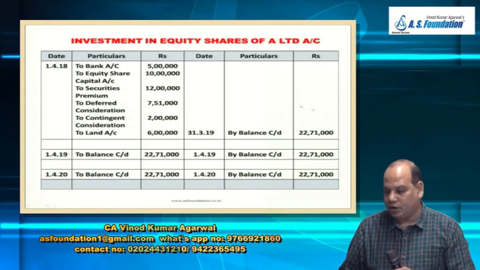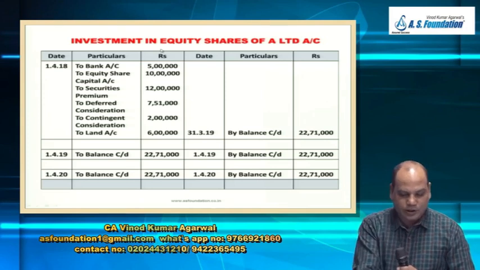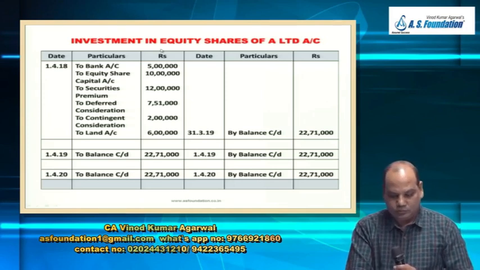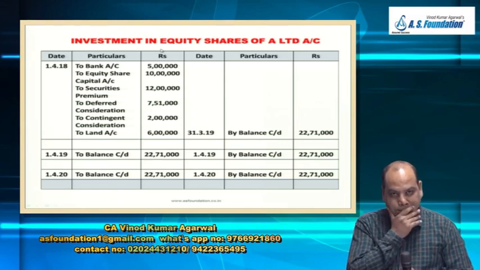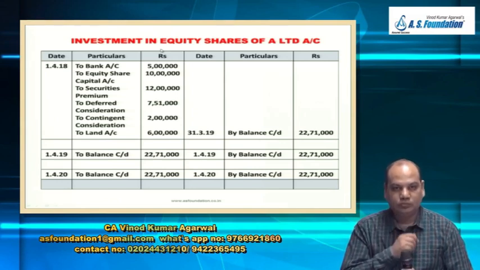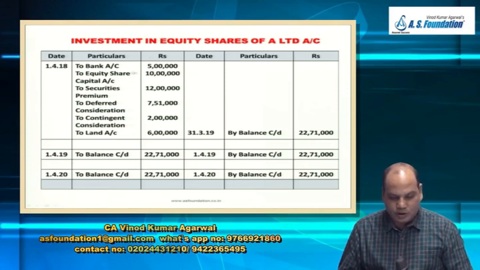Okay. And then they have asked you to prepare 3 accounts. So write down first account, investment in equity shares of A Limited account. Then under that you draw this ledger account format. Have they given you any instruction about the method of accounting, cost method or fair value method?